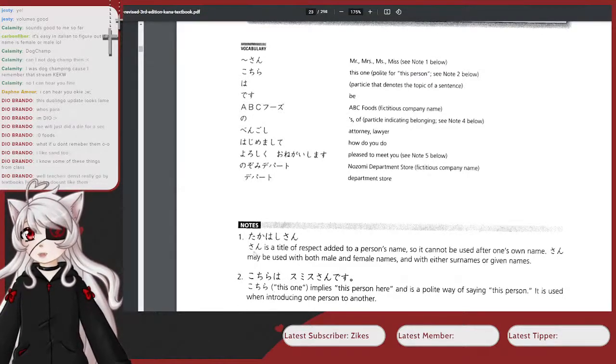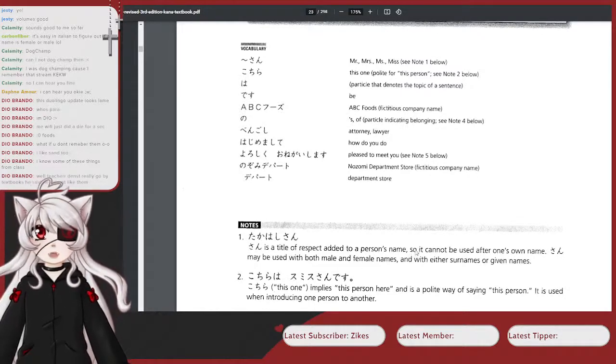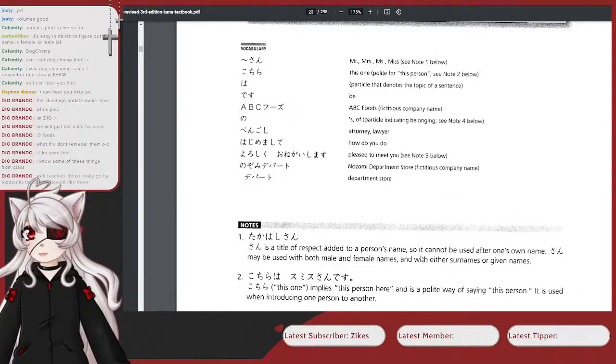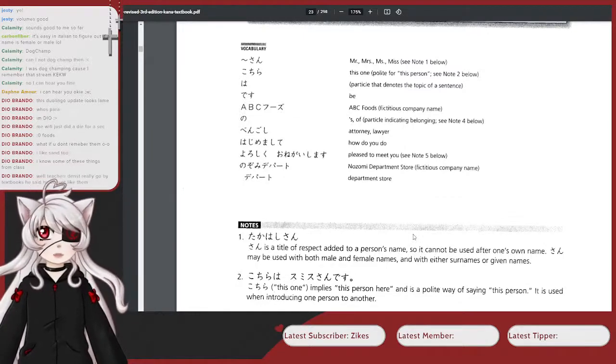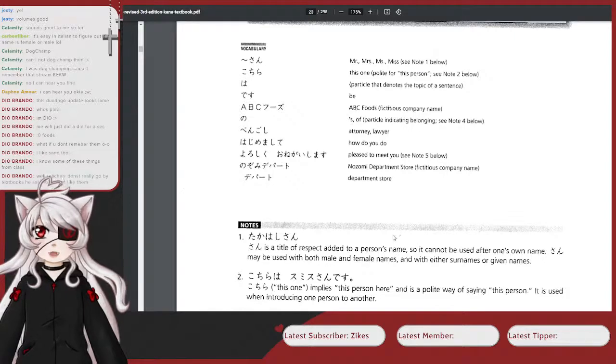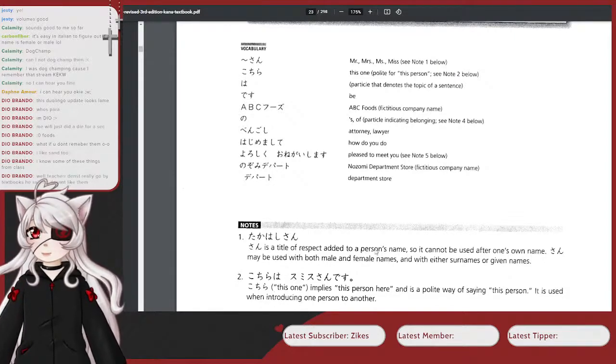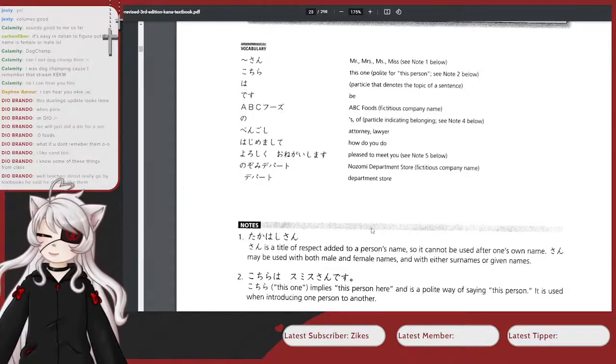Takahashi-san, so san is a title of respect. Do not use it after your own name. Do not refer to yourself with san, that's weird. You just refer to yourself as yourself without an honorific.